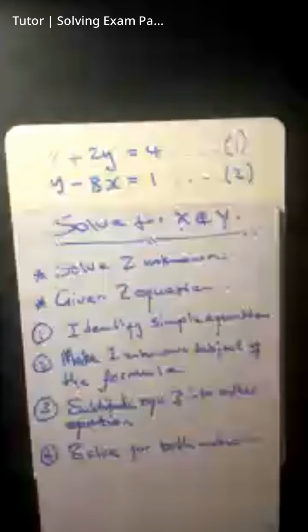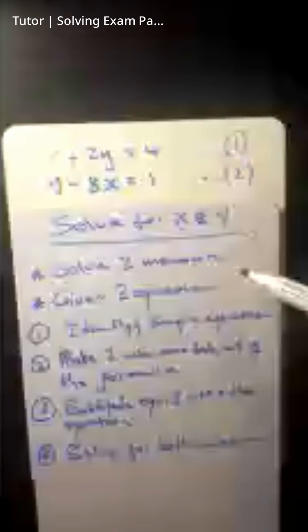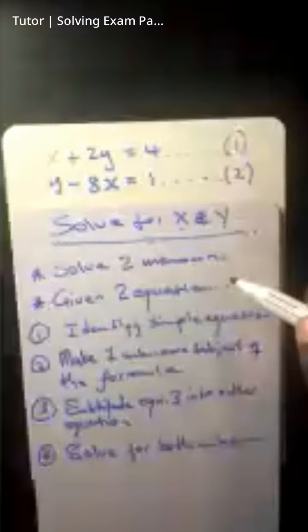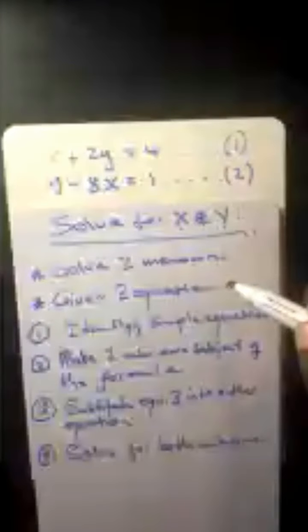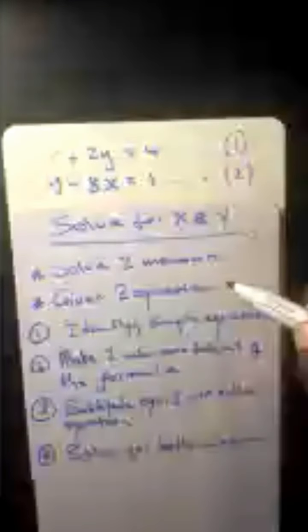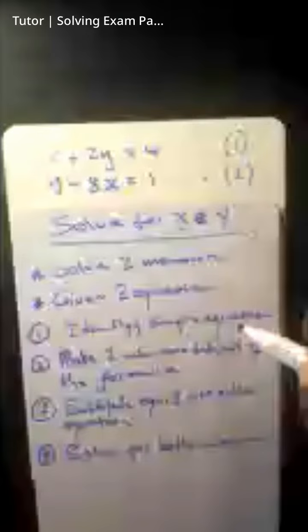Now it's moved to number 2, where you need to make one unknown the subject of the formula. I'm glad you understood number 1 fully. So now let's look at 2: make one unknown the subject of the formula.